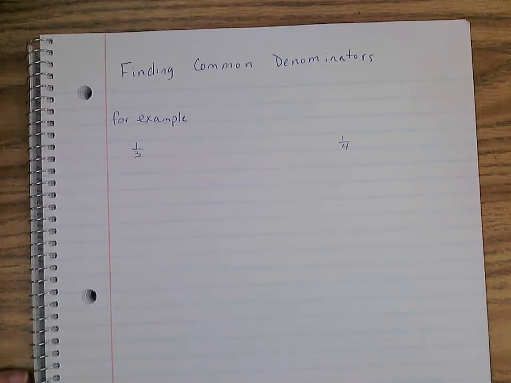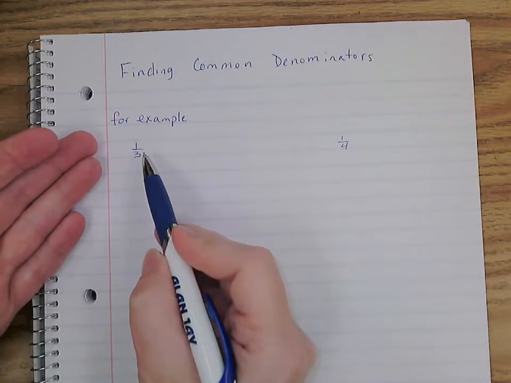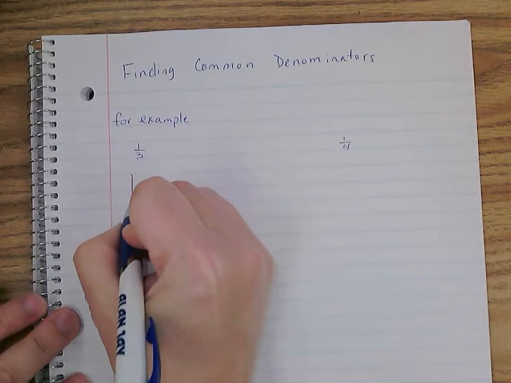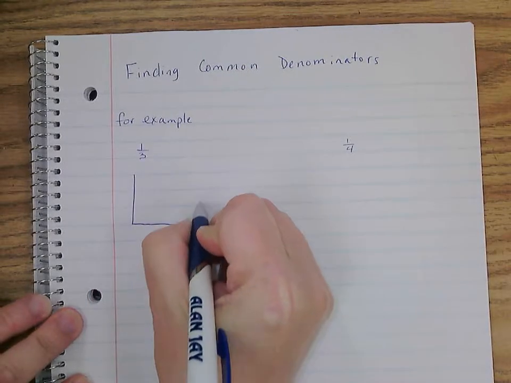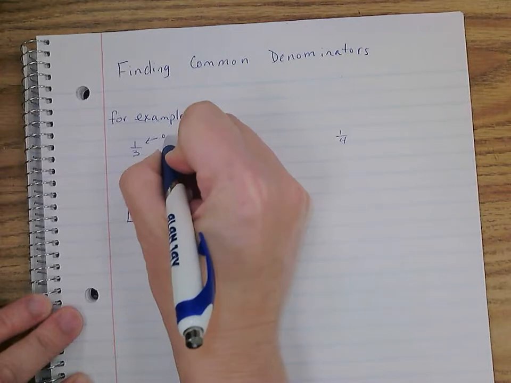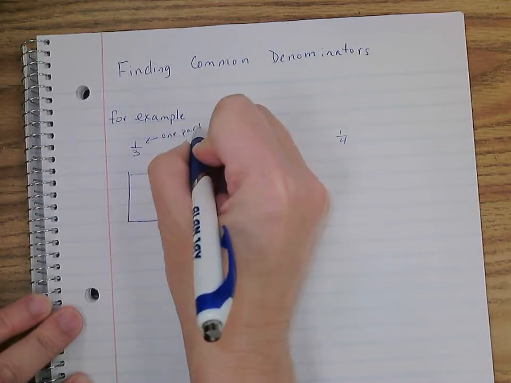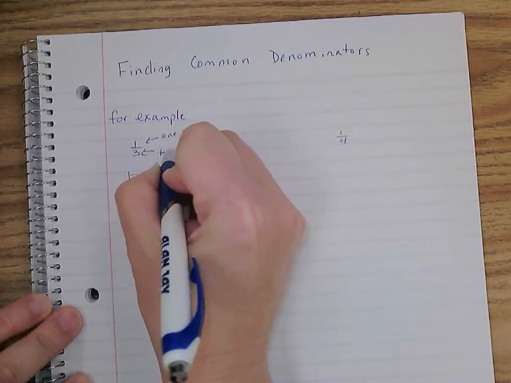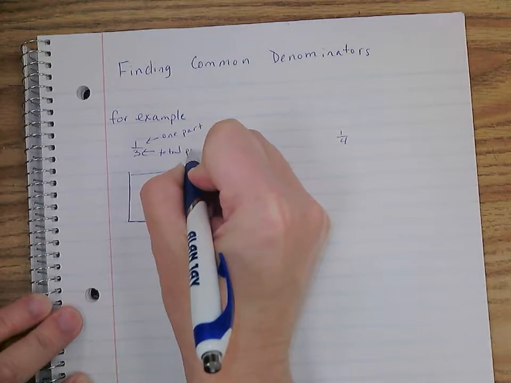Okay, so you should know 1/3 means that I have one piece out of a total of 3. So 1 part or piece out of 3 total parts.